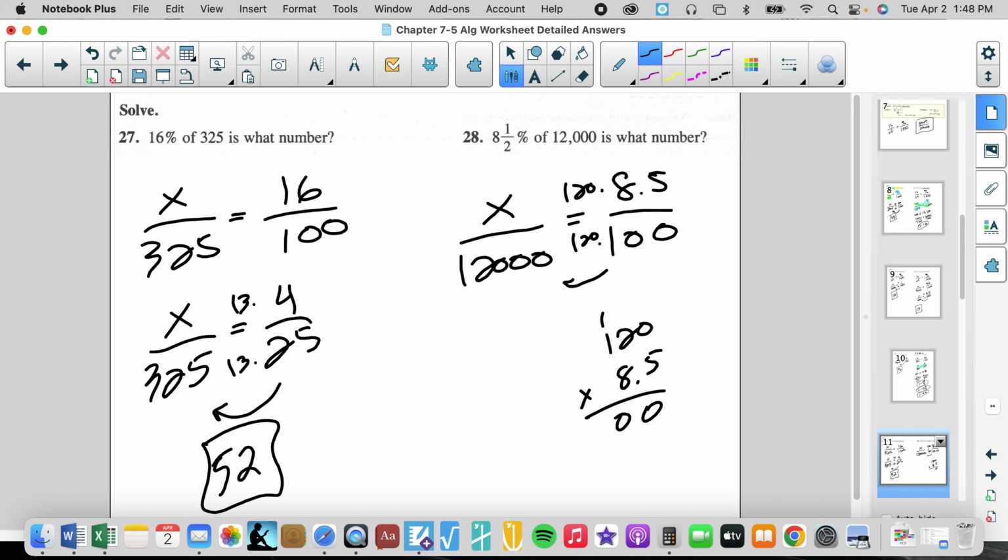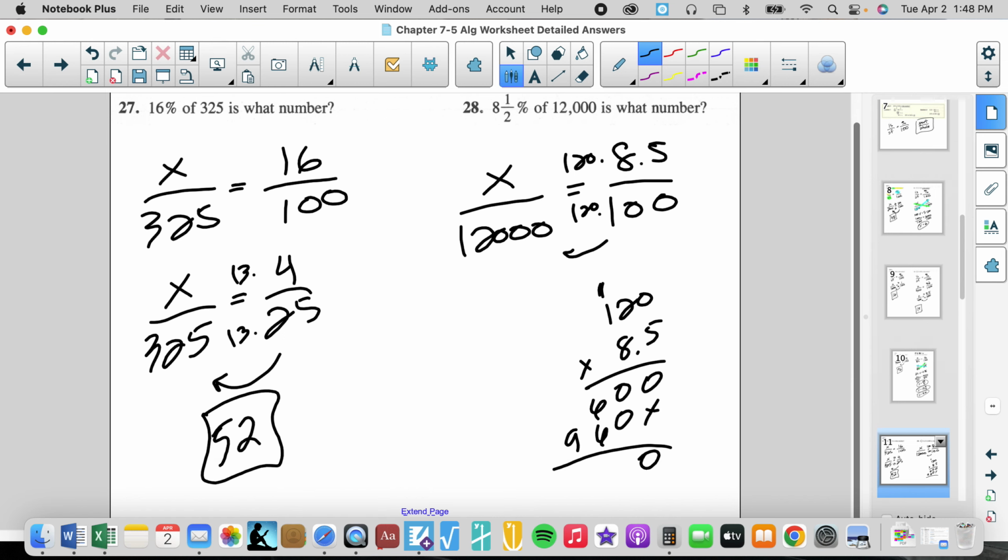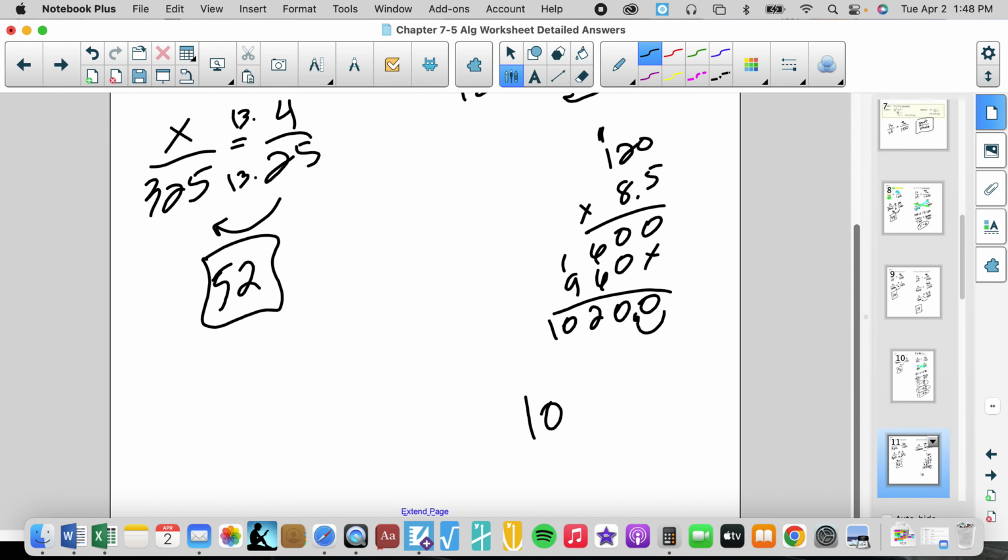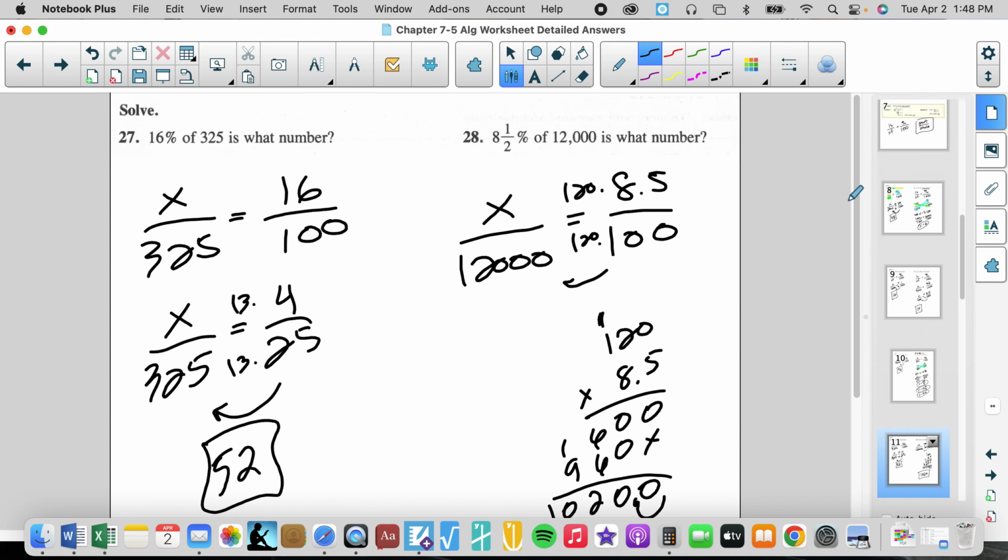I think I did this correctly. So is it 1020? 10,020.